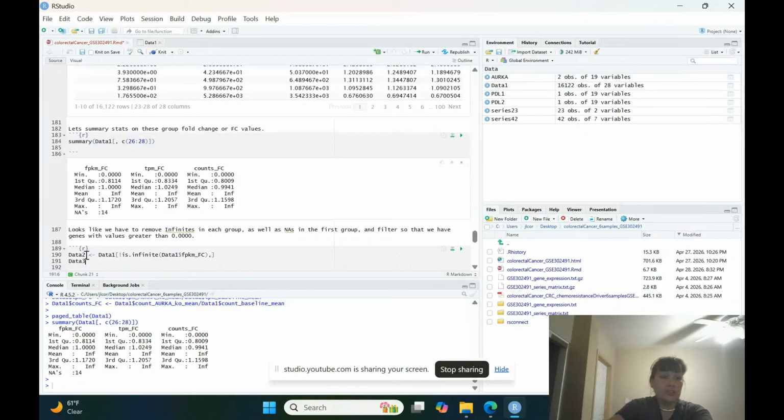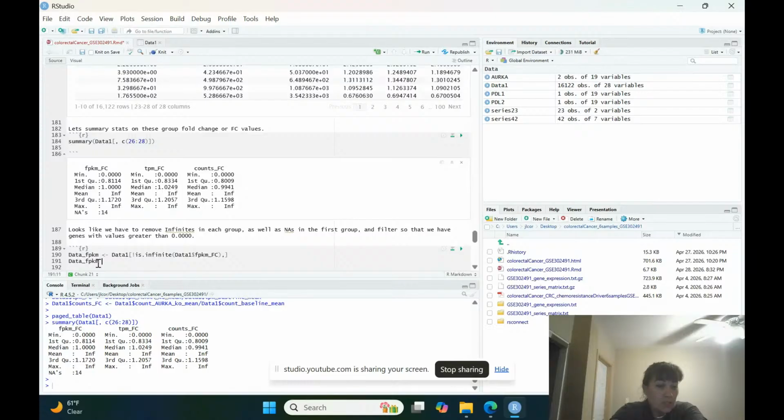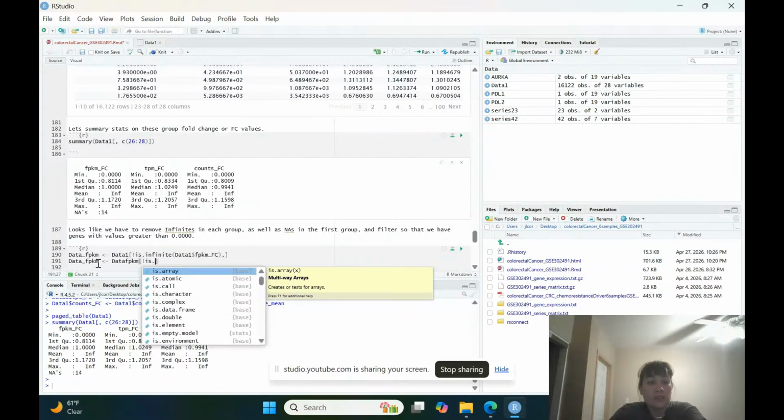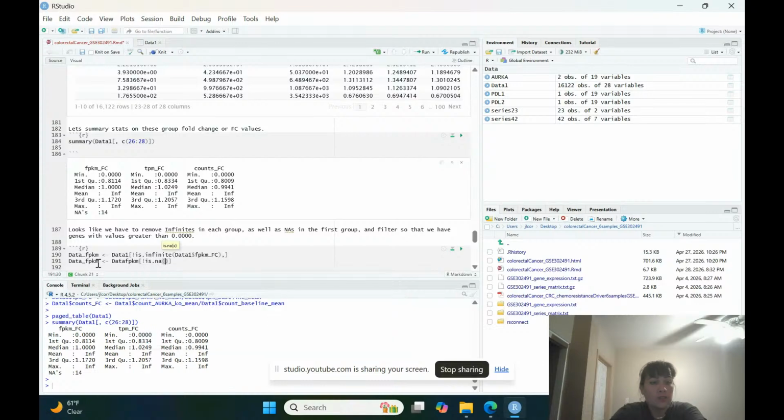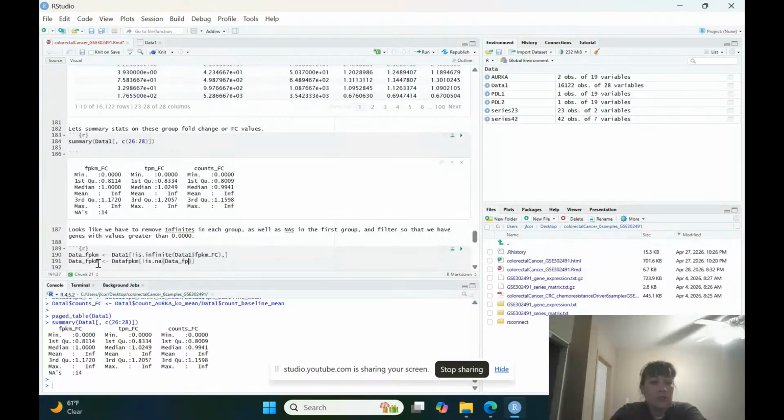All right, let's call this data FPKM, and we're going to also say not is dot na for data 1 by FPKM. Oh yeah, I forgot an underscore here.